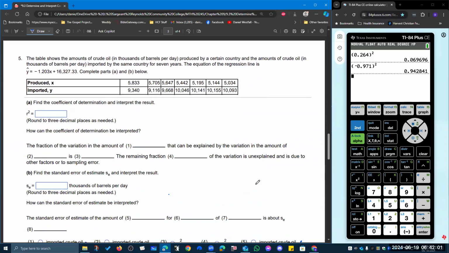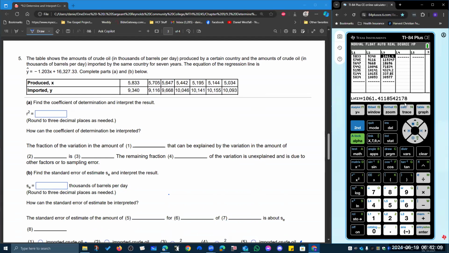I've gone ahead and typed this data in already for us into stat edit into my lists here. We'll talk about what L3 is in a minute, and it has to do with this regression equation here. So second quit, I'm going to go to stat tests and I'm going to run my linear regression t-test that we've been doing already in this chapter for L1 and L2.